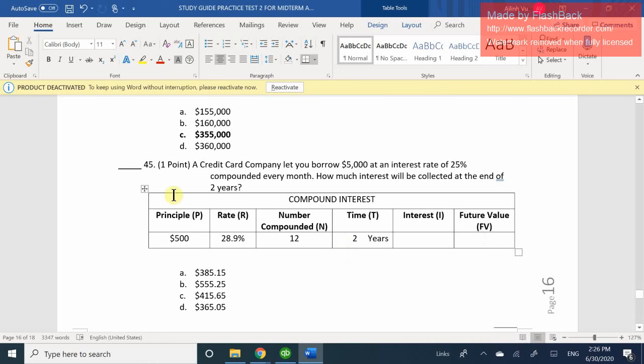Is anybody able to, besides Jabrea, use Excel to answer this question? No? Yes? No. Okay, all right. So, Jabrea, go ahead and answer this question.